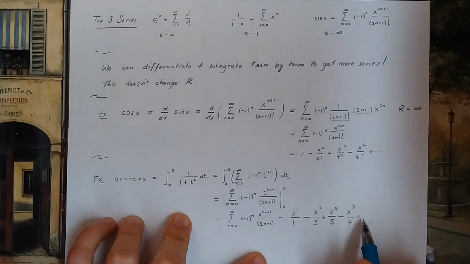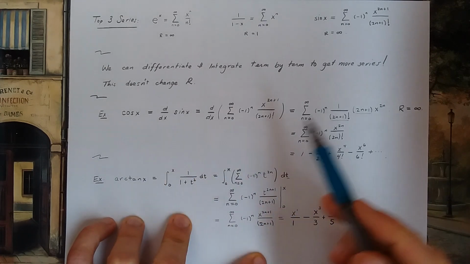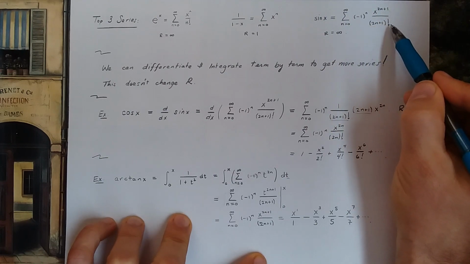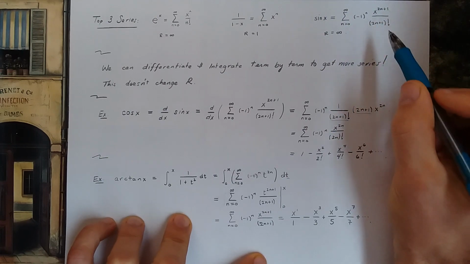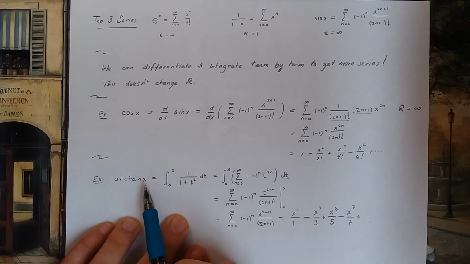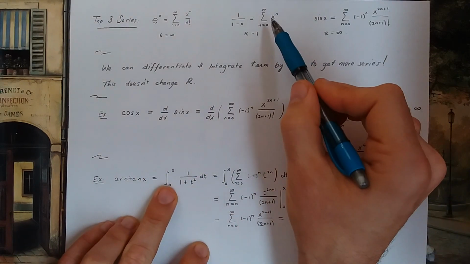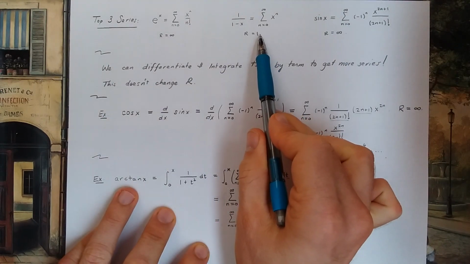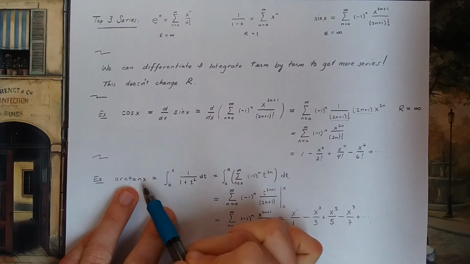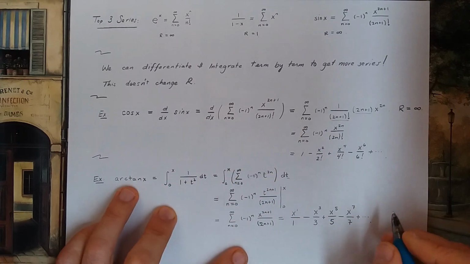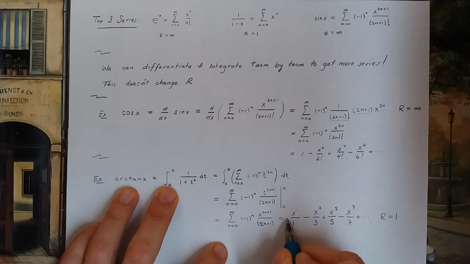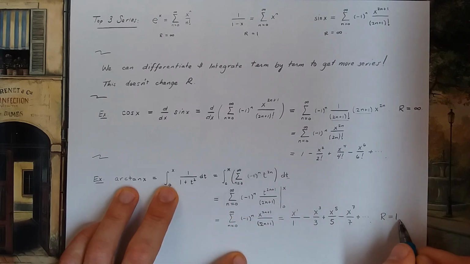It's very similar to the series expansion for sine x, except we don't have the factorial. The difference is I'm not dividing by the factorial. Another difference is we use the geometric series with radius of convergence 1 to find the series for arctangent. That means the radius of convergence for this series is also 1.